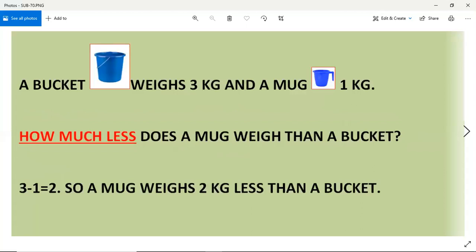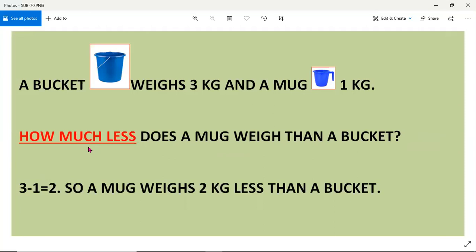Now see this example. This is very interesting. A bucket weighs 3 kgs and a mug 1 kg. एक bucket है जिसका weight 3 किलोग्राम है और मग का 1 किलोग्राम है. Now, how much less does a mug weigh than a bucket? मग जो है वो बकेट से कितना कम है?